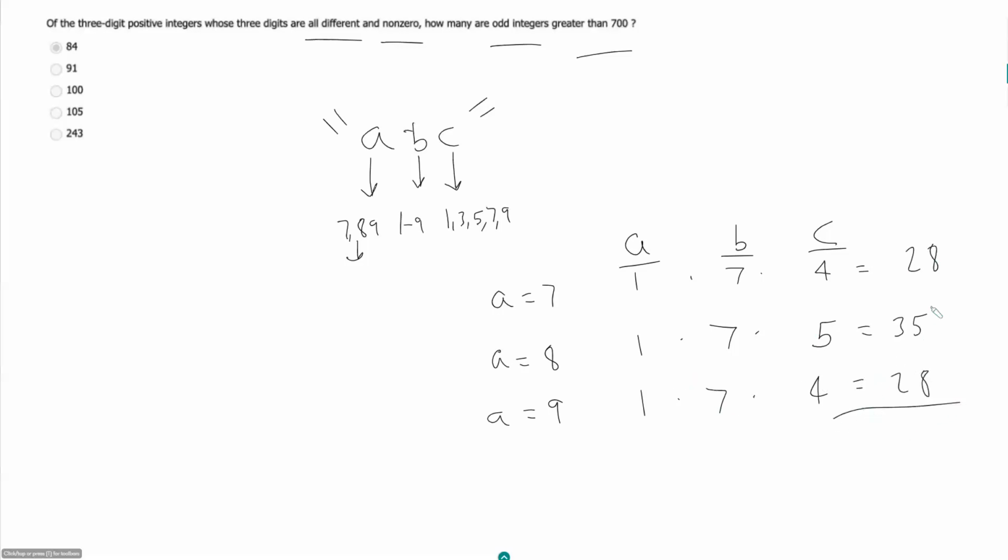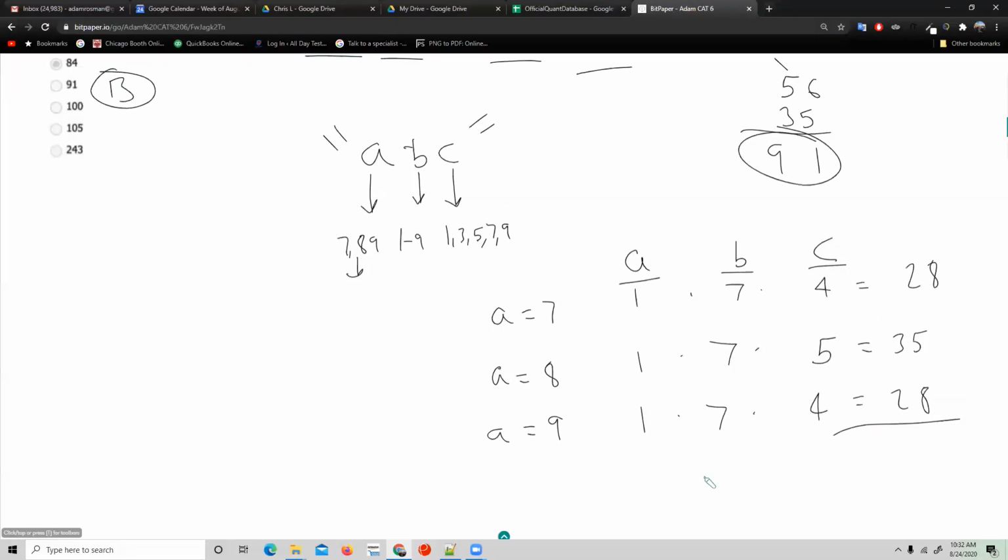And if we sum these up, we get 56 plus 35, which is 91, which is B. Fun question. Hard, but fun.